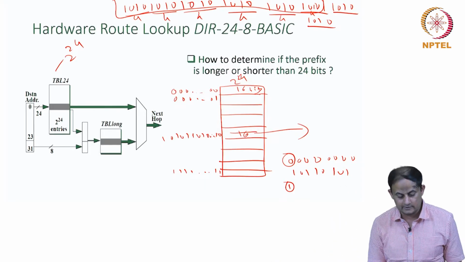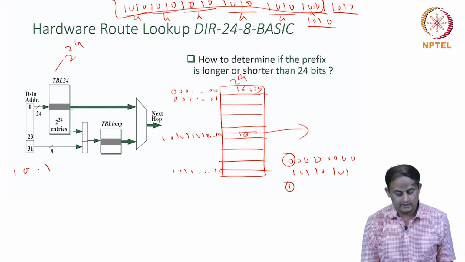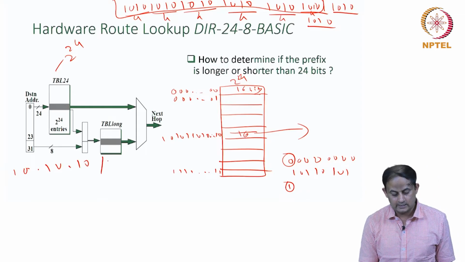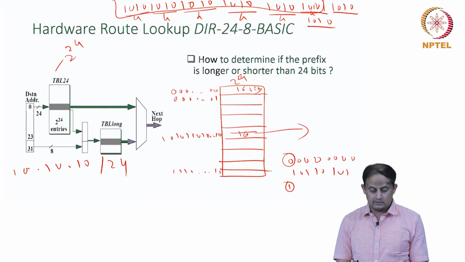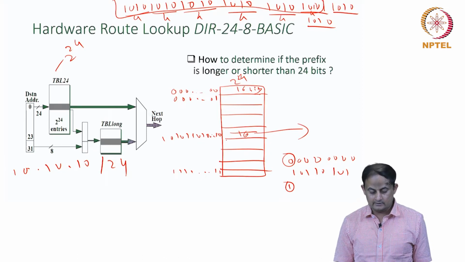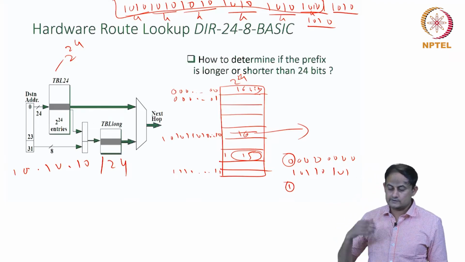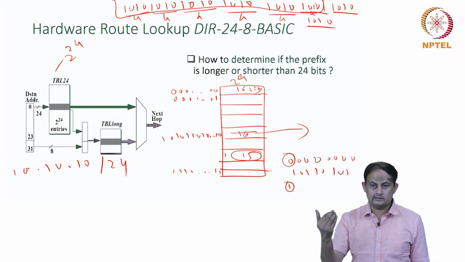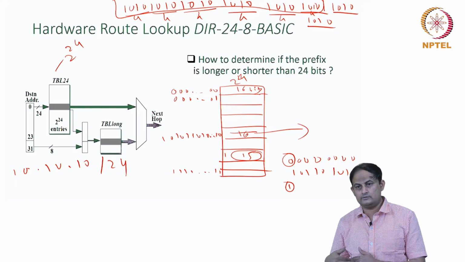What I am trying to say is, if let us say the entry is 10.10.10/24, the first 24 bits are indexed in the first table, and I write a 1 followed by something, and these 15 bits indicate in the second level table where exactly the 256 entries correspond to the remaining possibilities.